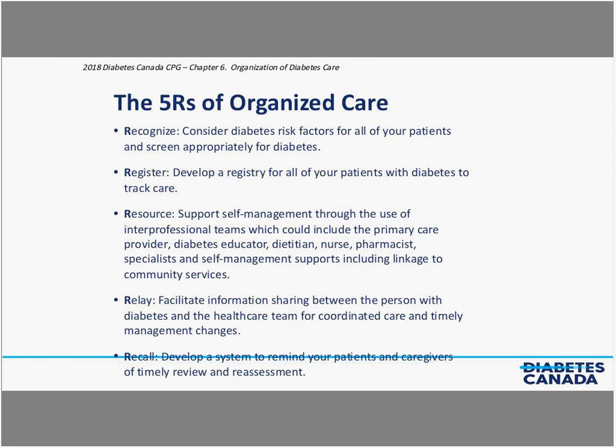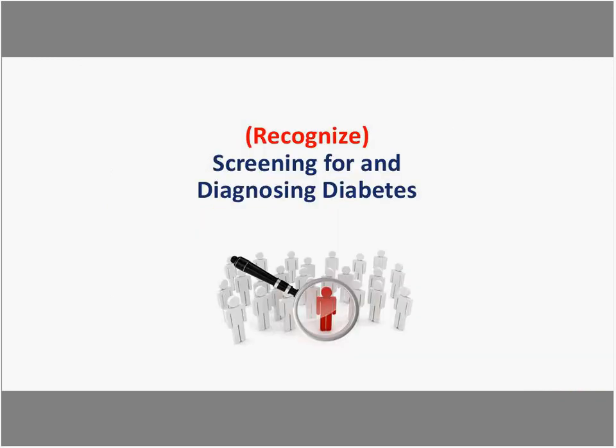And having a recall system so that things don't slip through the cracks, things don't get dropped. Make sure that the person with diabetes is being followed appropriately in a timely manner to identify complications and treat them before things get too far advanced. So these are the so-called 5 R's of organized care, not dissimilar from other paradigms in chronic disease management. This is just the diabetes model.